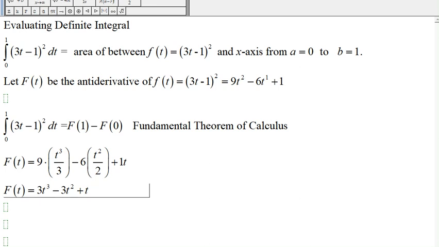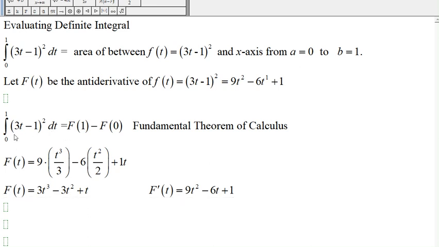And if we take the derivative of the antiderivative function, then it will come back to the small f, the function. And so that's the relationship between the small f and the big F.